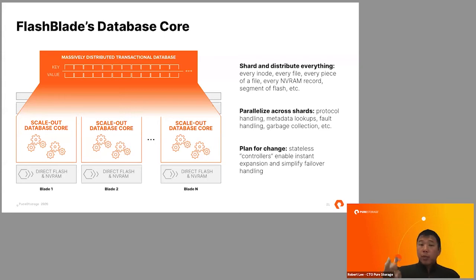Number two, once we've done that, is to focus all of our efforts on being able to parallelize everything across the system, whether that's access and data path in terms of I/O, whether it's access and control of metadata, whether it's serving user requests, whether it's driving background jobs like garbage collection or flash management. We want everything in the system to be as parallel as possible.